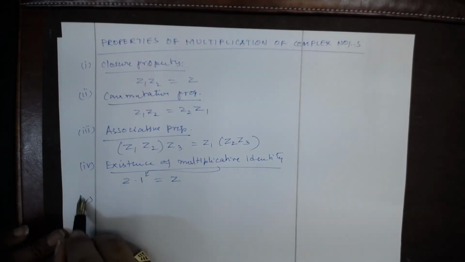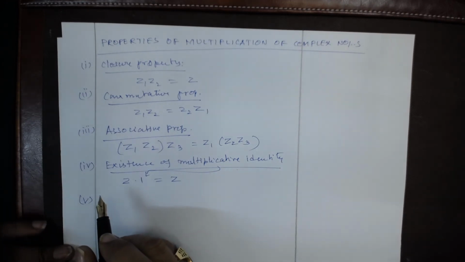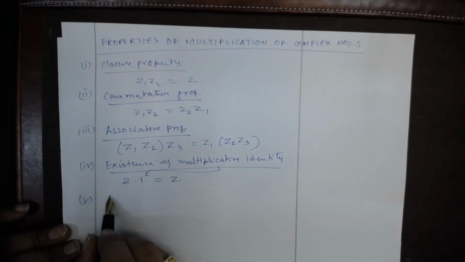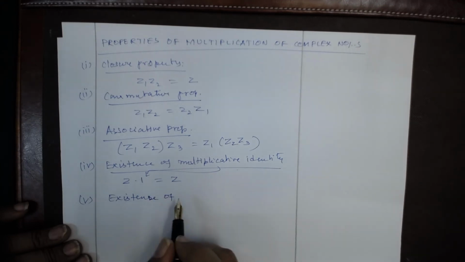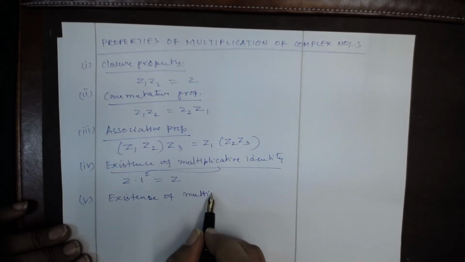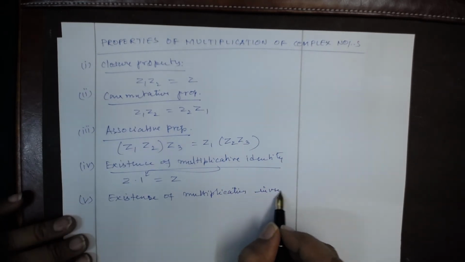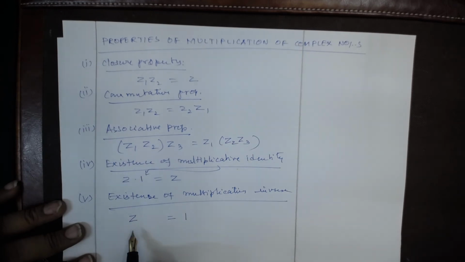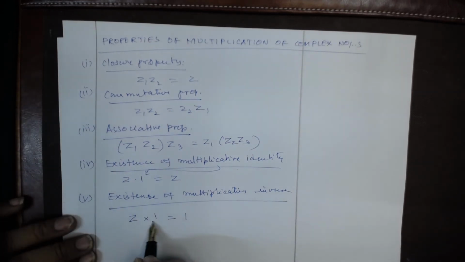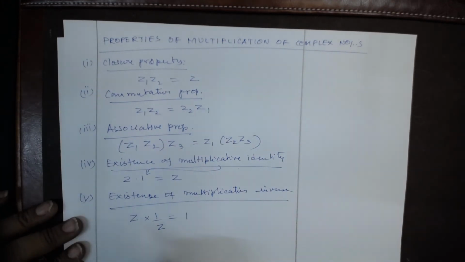5. Existence of multiplicative inverse. So z should give 1 when it is multiplied with the reciprocal of z. So 1 by z is the multiplicative inverse.